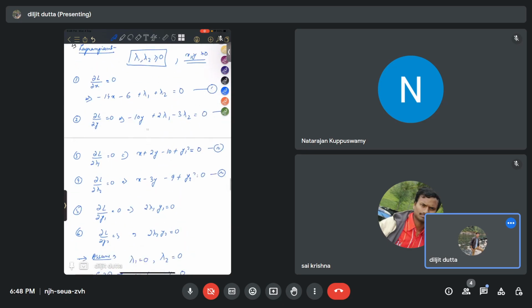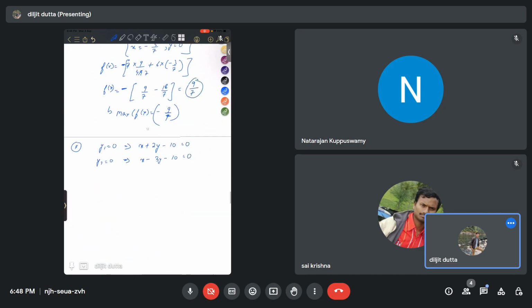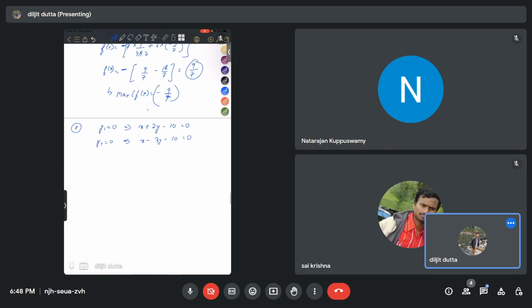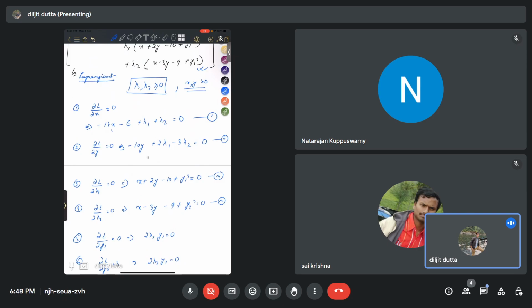So we have x in terms of lambda 1 plus lambda 2, so from equation 1 we can write x as lambda 1 plus lambda 2 minus 6 divided by 14.